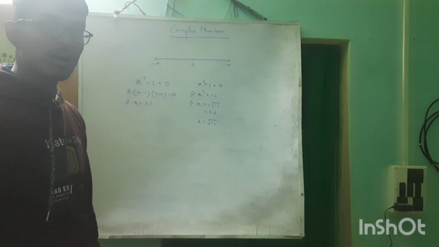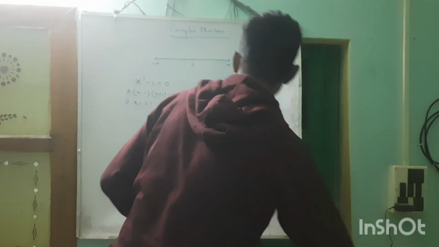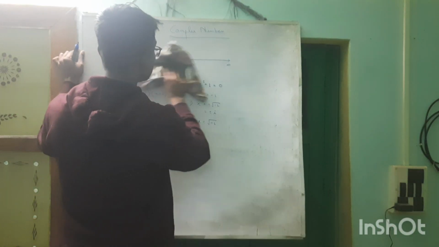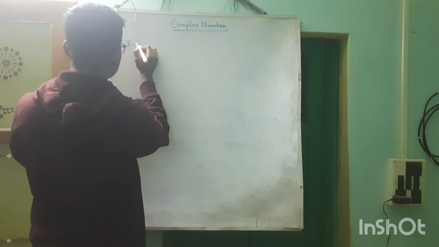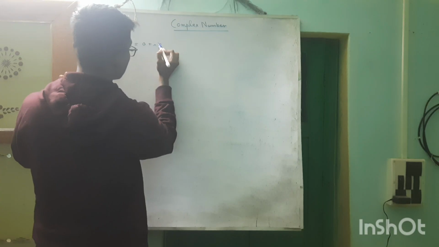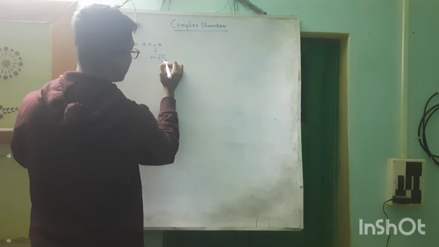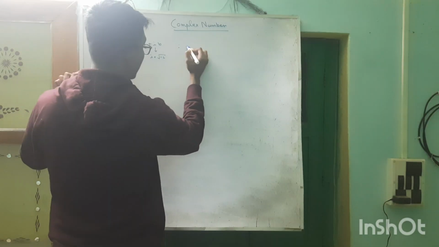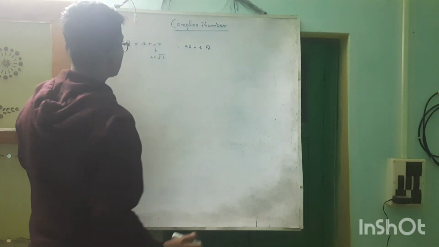So now come to the definition of a complex number. If z is a complex number, it's of the form a plus ib, where i is equal to root over of minus 1, and a and b belong to real numbers.